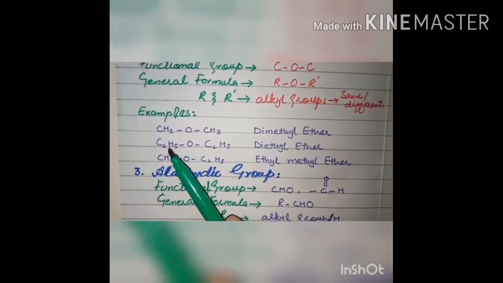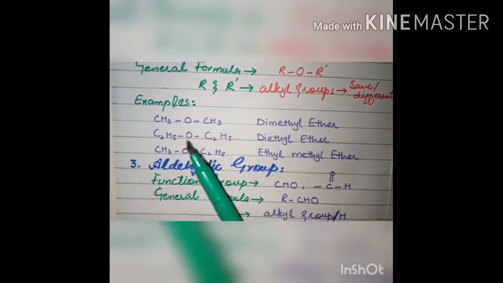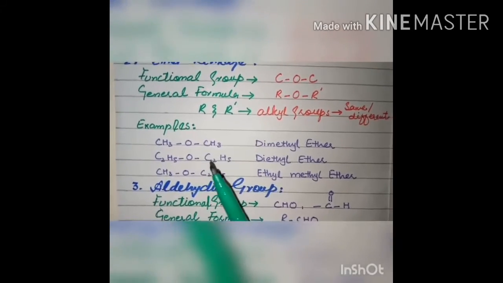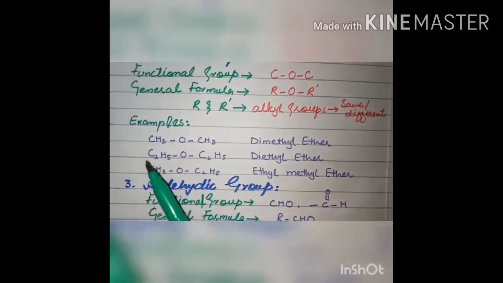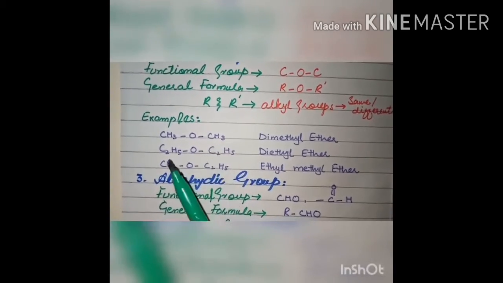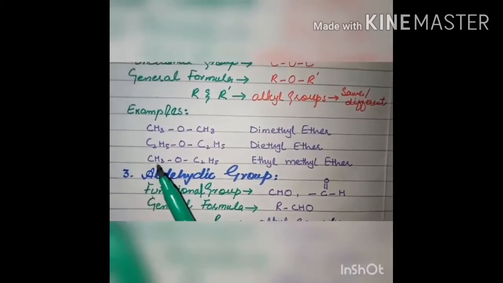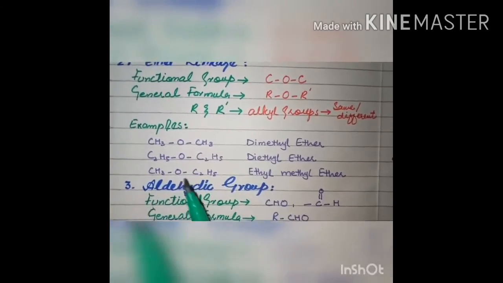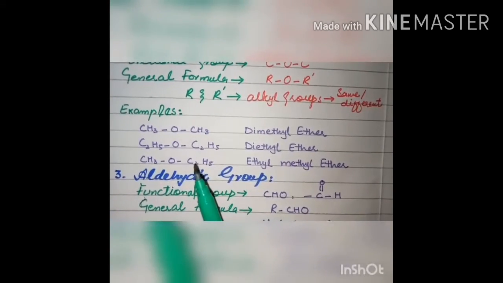The next example is C2H5, which is the alkyl radical of ethane, O, the functional group of ether linkage, and then C2H5, so its name is diethyl ether. See the next example: CH3, then O, and then C2H5, which is the ethyl radical.